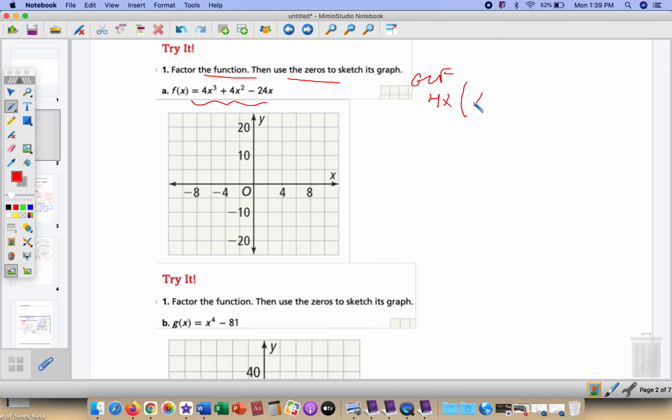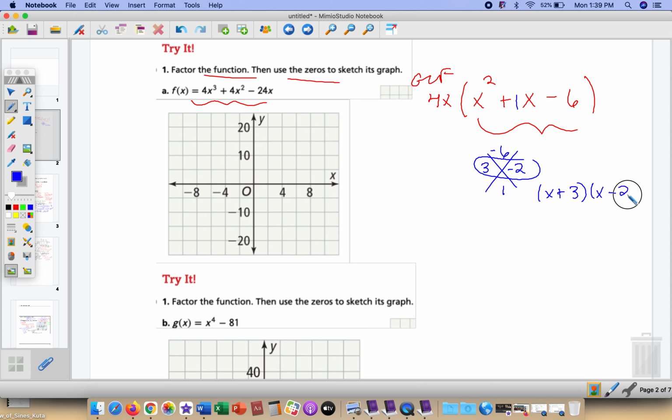So we'll have x squared plus x minus 6. Now let's see if we can break this down. Is there a combo that multiplies to negative 6 and adds to b, which is 1? 3 and 2. The 2 is negative, so we would have x plus 3, x minus 2. So GCF in front, x plus 3, x minus 2.